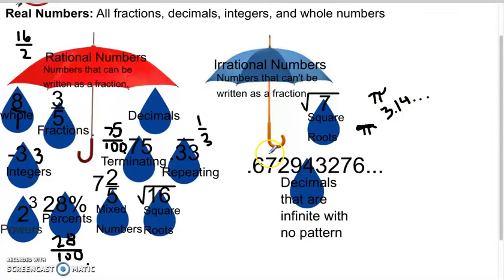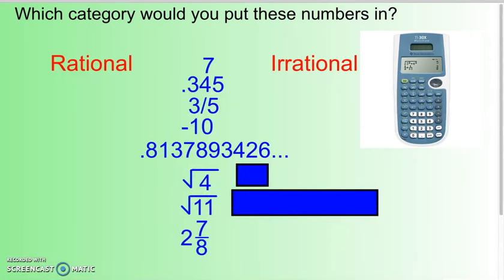It fits in this category of irrational numbers. Now, today you are classifying them, so you need to be able to put these different examples within the rational category or irrational category. And so take a moment, look at these, see if you can put them in a category.